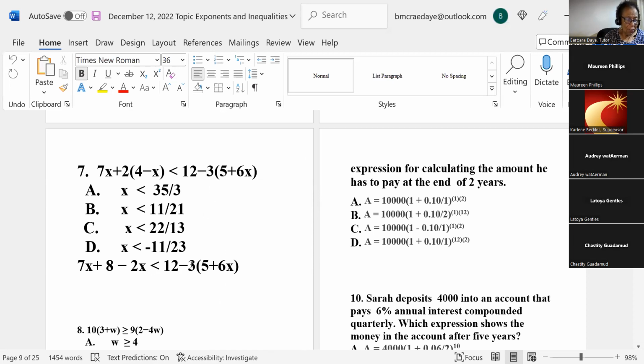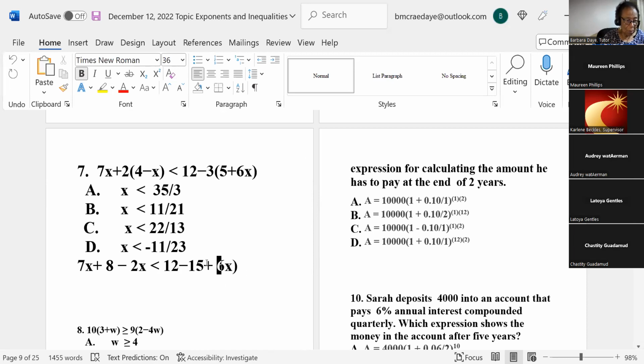Very good, minus 15. So let's just put 15, okay? Now what's a minus 3 times a plus 6x? Minus 18x. Okay, minus 18x. Very good, Maureen.